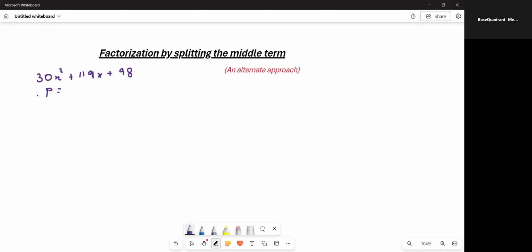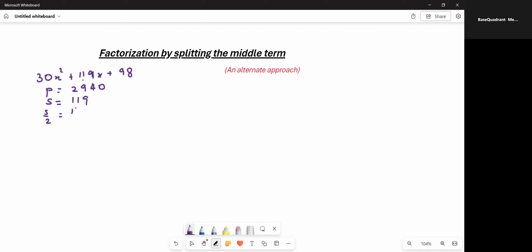It is 2940. And the sum is the middle term coefficient, which is 119.